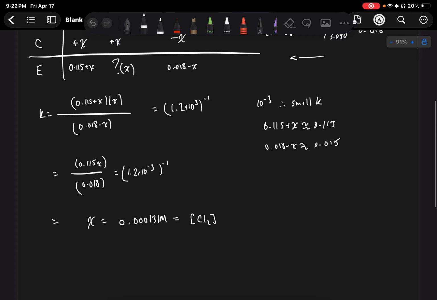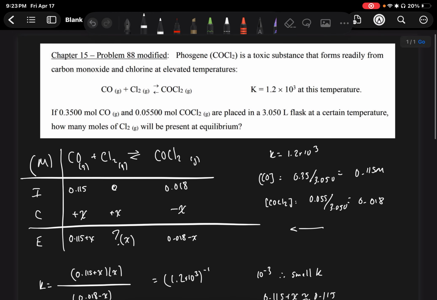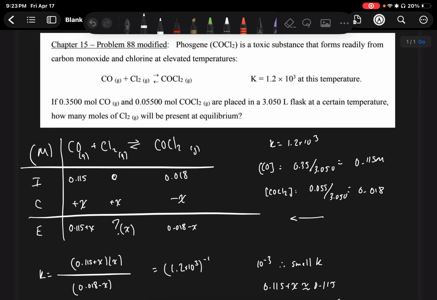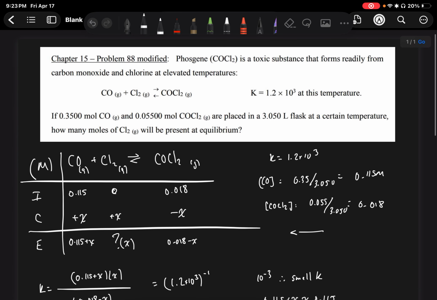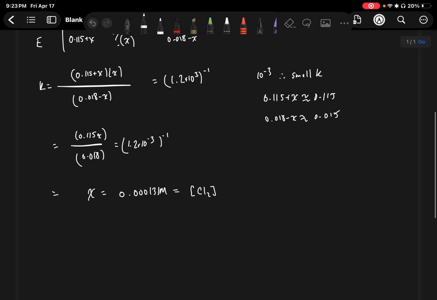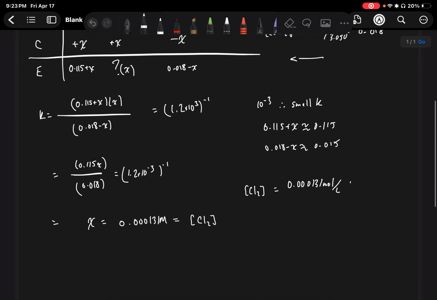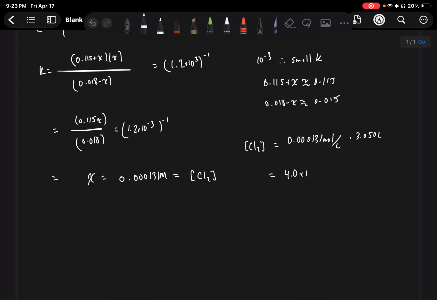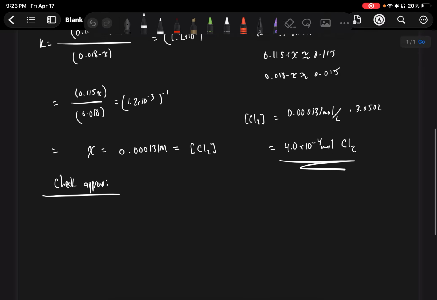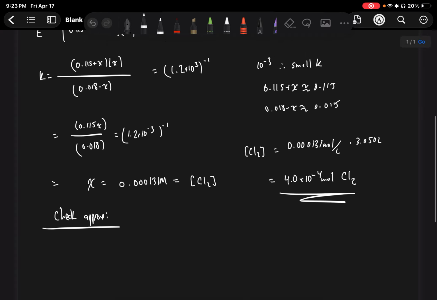Now, we need to find Cl2, so that's going to be equal to the concentration of Cl2. So then if we need to find moles per liter, Cl2 moles per liter, then what is it, 3.05? 2, 0.000131 moles per liter multiplied by... check approximations. How do you even do this, bro?